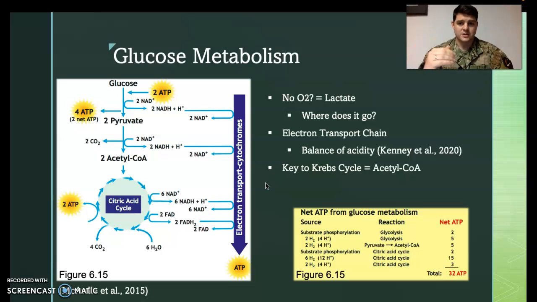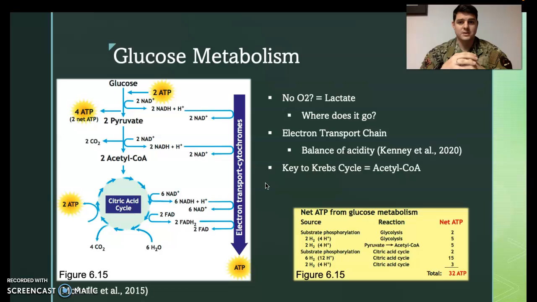Once that's broken down to acetyl-CoA, it has that permission to enter the Krebs cycle, and it will do this for 2 full rotations, again dropping off those hydrogens as it moves through the system, through the NAD and the FAD coenzymes, dumping those off in the electron transport chain.